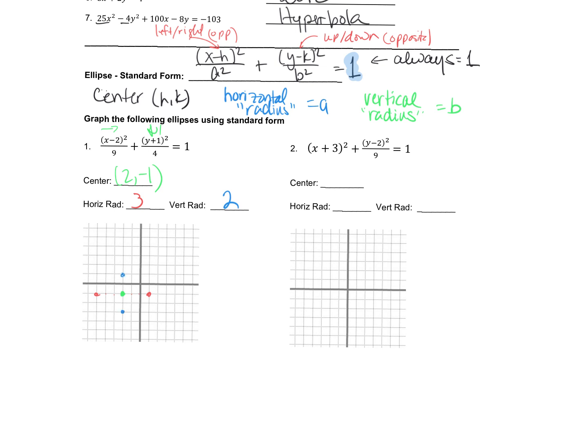Again, try to make your ellipse kind of flattened out here. It's not like a football or anything. Sometimes we have a tendency to draw a football because it's harder to get around these little curves.